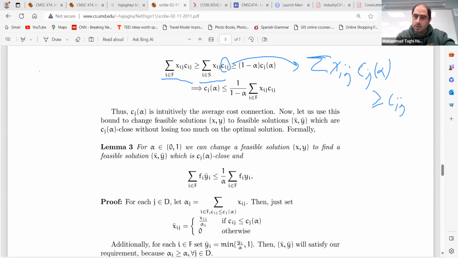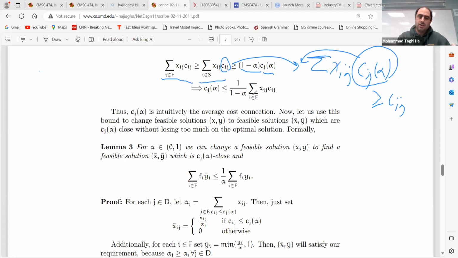That's by definition. Now I will just take this Cij out of this sum, and then the sum of the xij's, by the definition of S, I know is at least 1 minus alpha, and this Cij is the one that I took out of the summation. So I have Cj alpha less than or equal to 1 over 1 minus alpha times the sum of xij Cij.